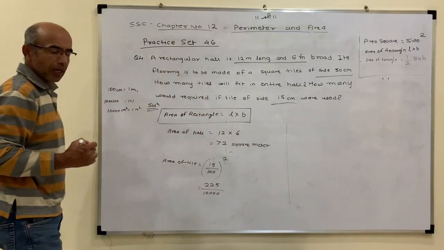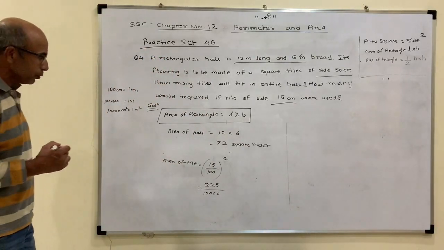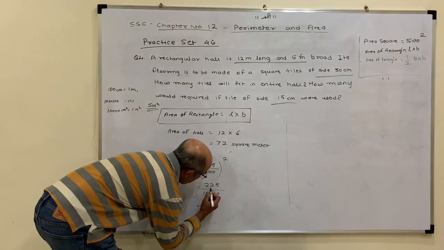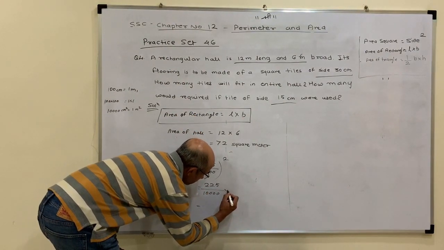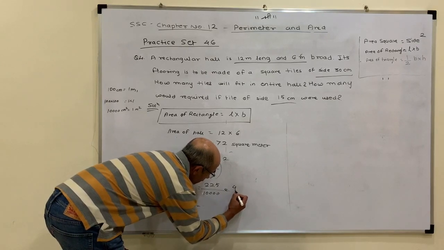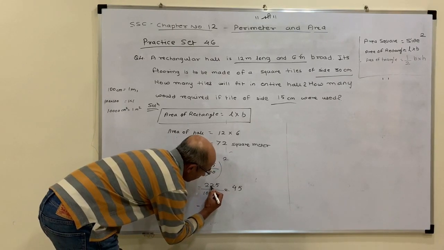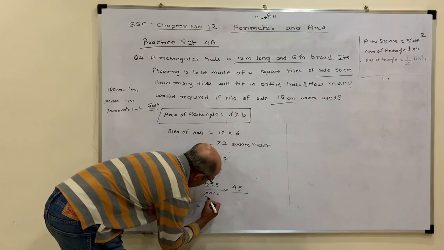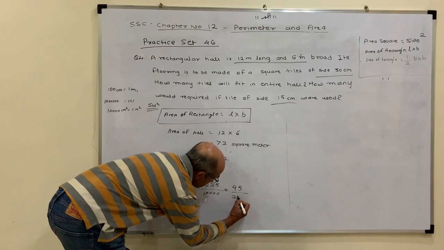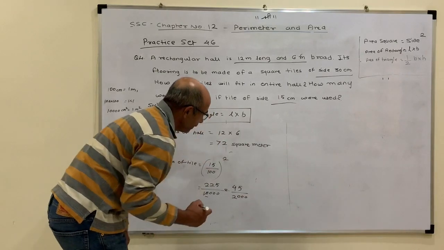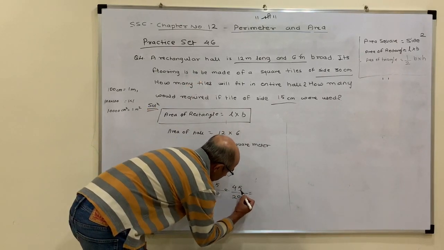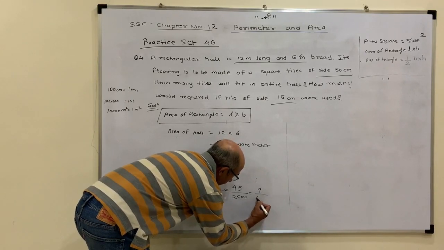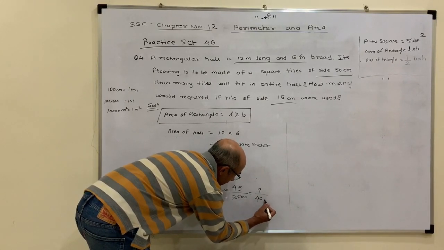We can keep this as it is, or simplify it further. 5 fours are 20, 5 fives are 25, divided by 5 twos are 10, so I write 9 divided by 400. You can simplify further.